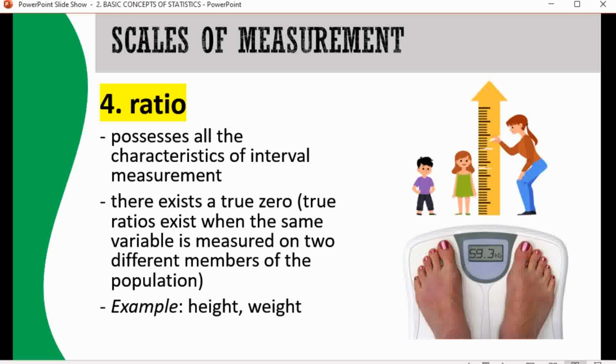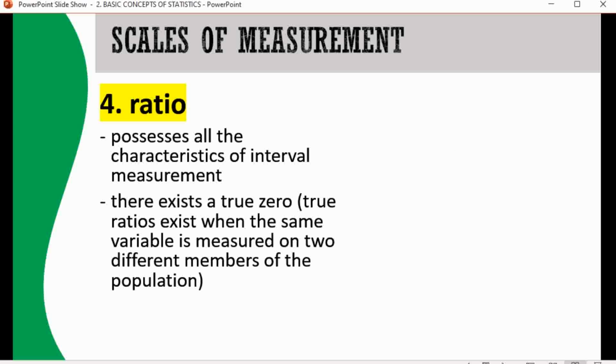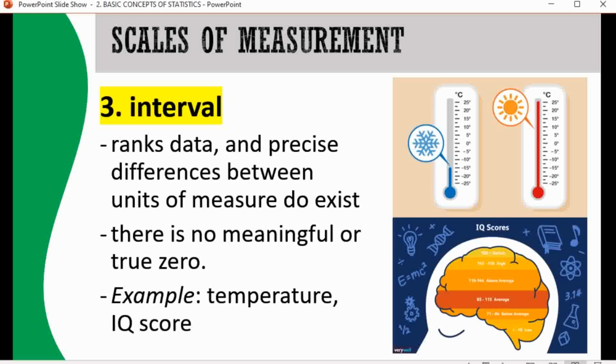However, for interval values, 0 means it's still there. Example, temperature. When we say it's 0 temperature, it's not that there's no temperature. There is temperature, but it's 0. In other words, there's a possibility of a negative value. IQ under interval is still considered because there is no such thing as zero IQ. There is no negative IQ. But there could be lower than that, though theoretically none is presented yet.